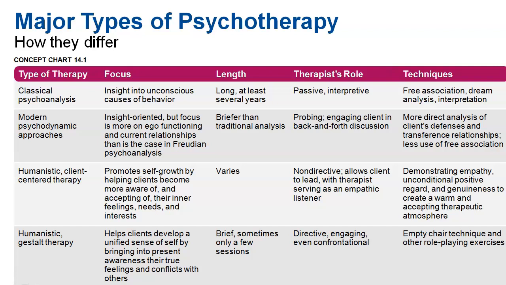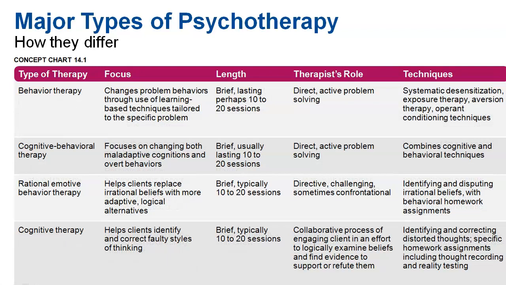So you see here, for the psychodynamic perspective, there's psychoanalysis, there's the humanistic therapies, the Gestalt therapies, you have behavioral therapy, cognitive behavioral therapy, rational emotive behavioral therapy, cognitive therapy. All of these are examples of what we call psychotherapies.